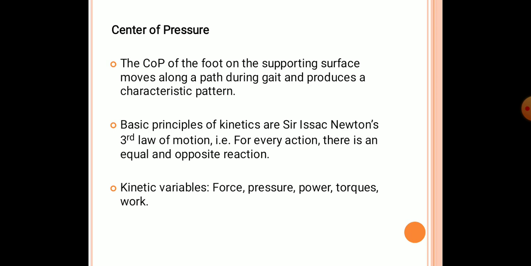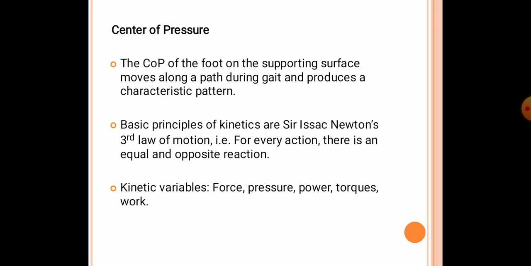Next is center of pressure. The center of pressure of the foot on the supporting surface moves along a path during gait and produces a characteristic pattern. Center of pressure means that whenever we take a step, there is a point which bears the maximum amount of pressure in the foot region.